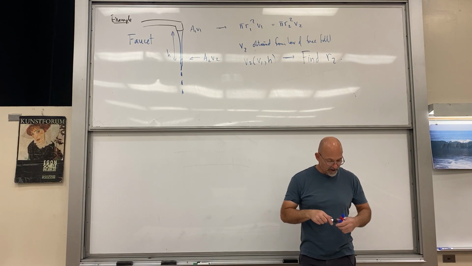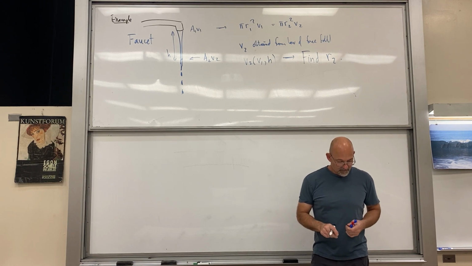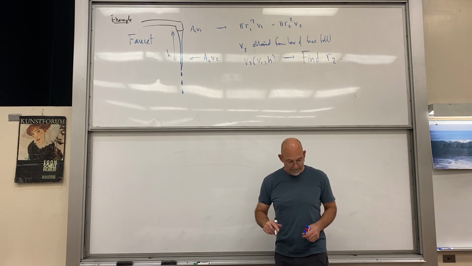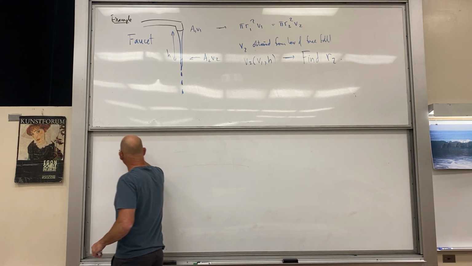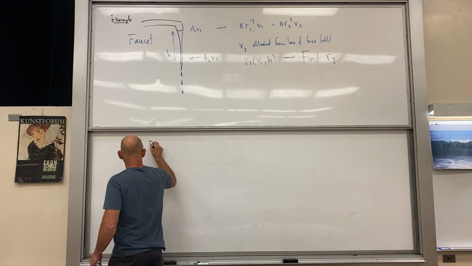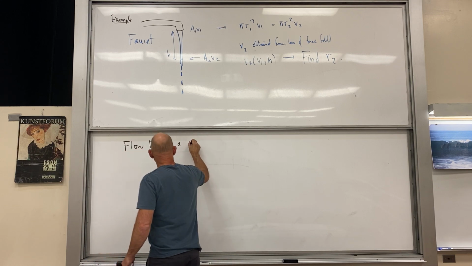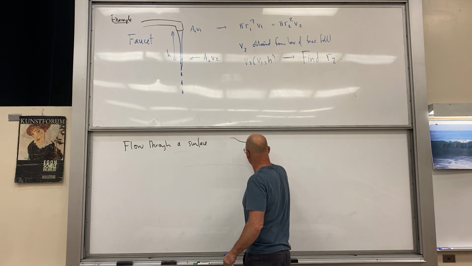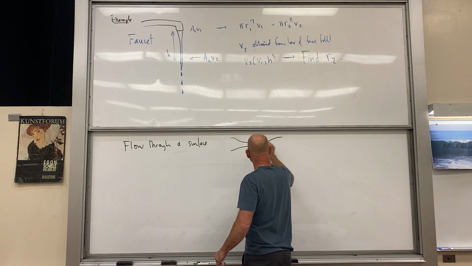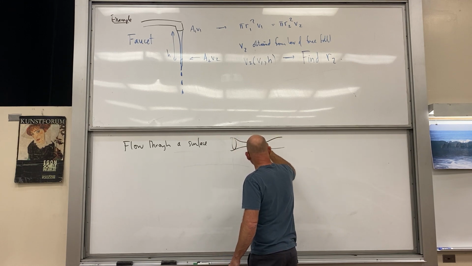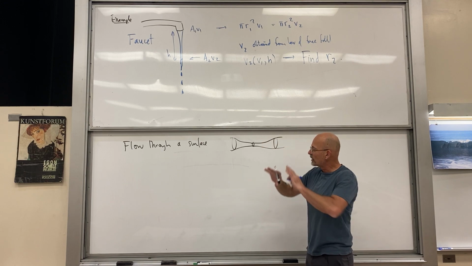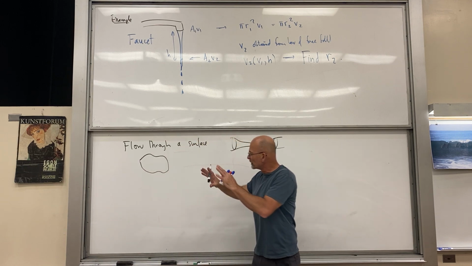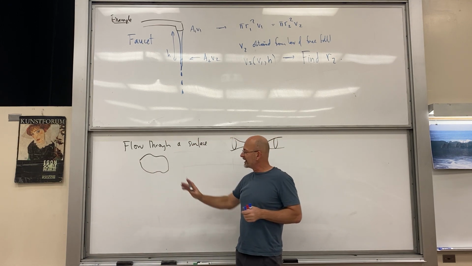So now let's look at the following. Flow through a surface. Okay. What we had before was just the taper. So we could have thought of a cross-sectional surface. But now we'll just talk about the flow through a general surface. Say that we can imagine an imaginary surface within a flow field.